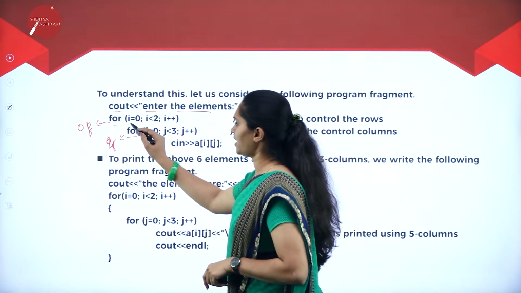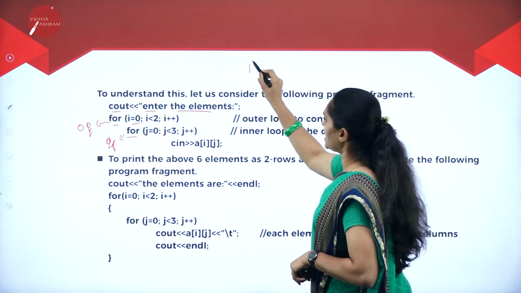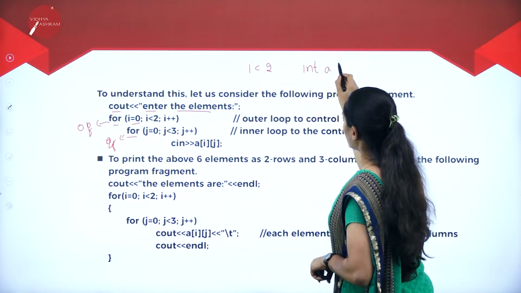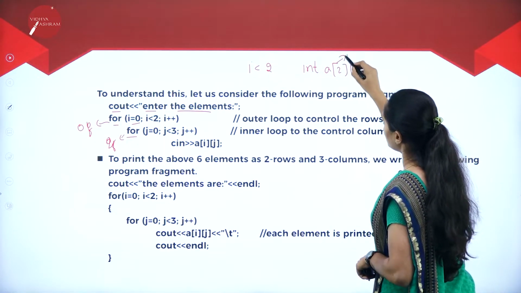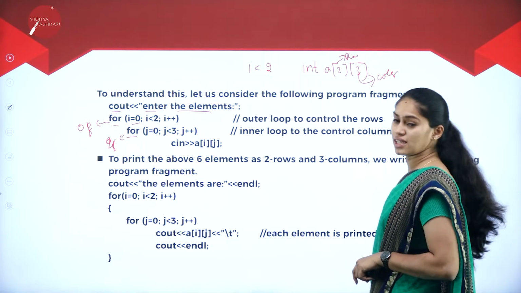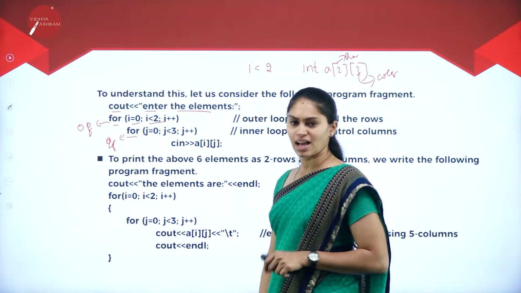So for i is equal to 0, i lesser than 2. Why am I taking i lesser than 2? Because in the initialization we have taken a of 2 cross 3. So it indicates the maximum number of rows is 2 and the maximum number of columns is 3. That is the reason we are taking i is less than 2.